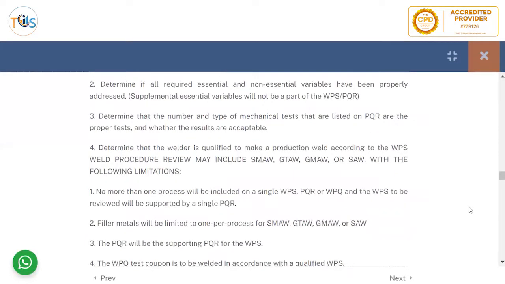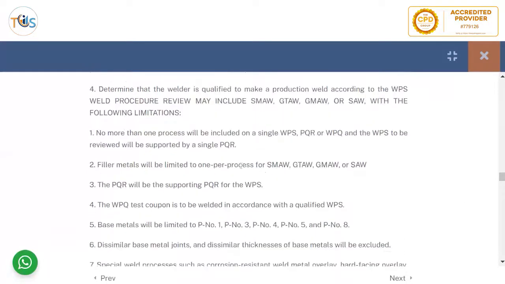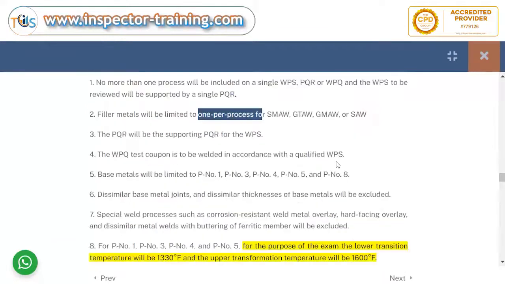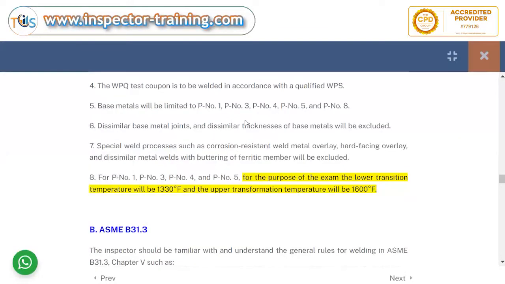Exam questions only come with these welding processes: shielded metal arc welding, gas tungsten arc welding, gas metal arc welding, or submerged arc welding, and there will be only one process for each question. And you should know the basic information: P number, F number.